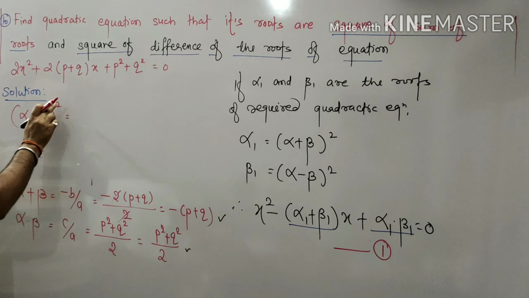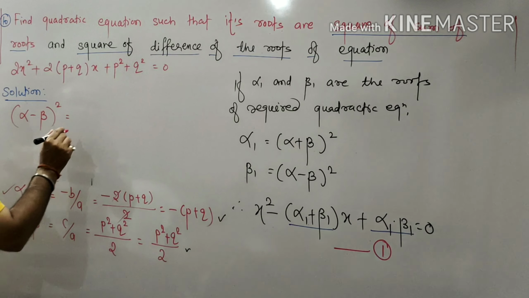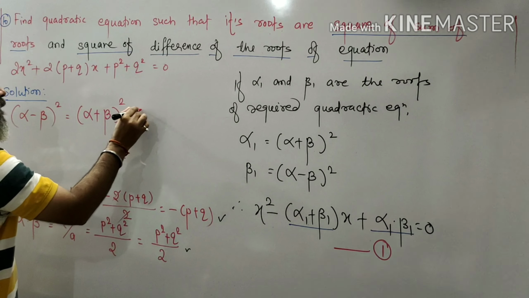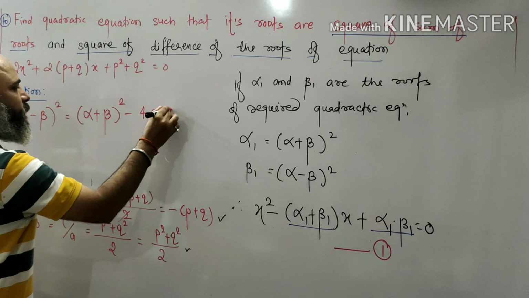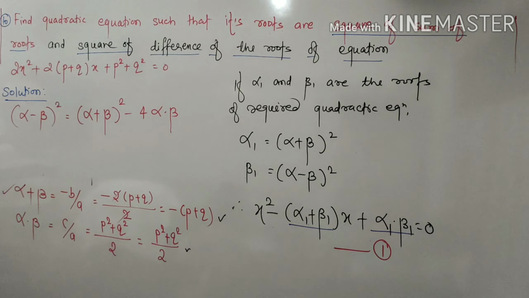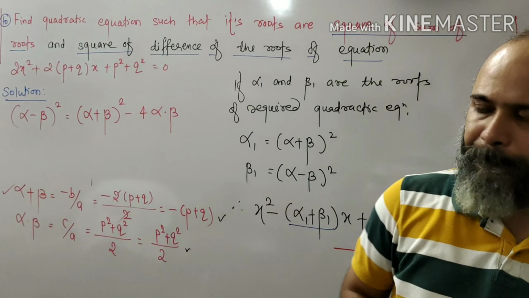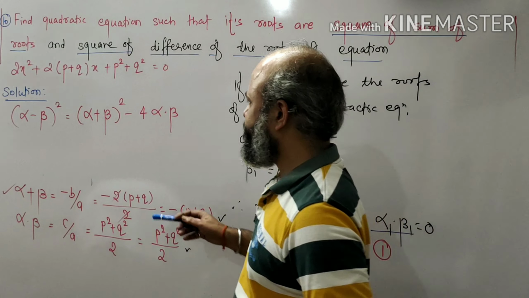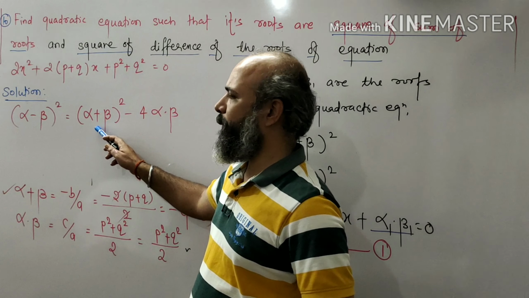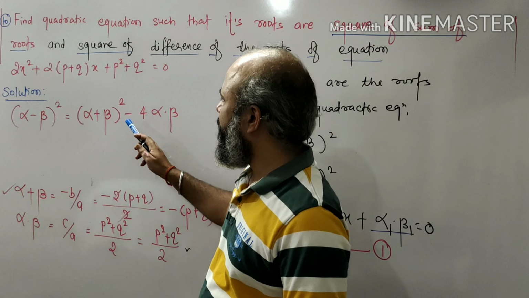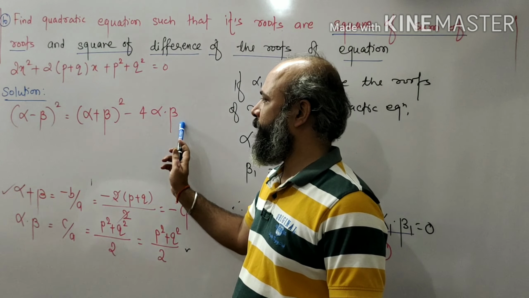So alpha minus beta the whole square can be calculated as alpha plus beta the whole square minus 4 into alpha into beta. Now student, when you expand, this will be alpha square plus beta square plus 2 alpha into beta, and minus 4 alpha into beta.